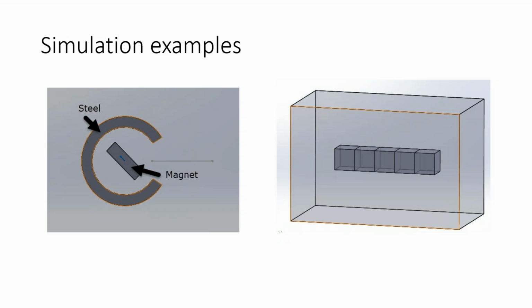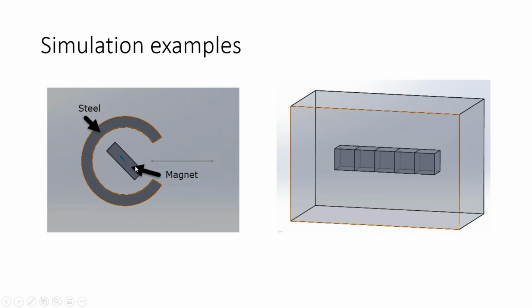The first kind of simulation that I have for you is a simple permanent magnet that is enclosed in a steel which is of shape of a C, as you see on the left.